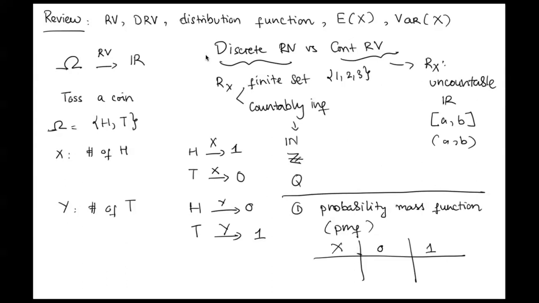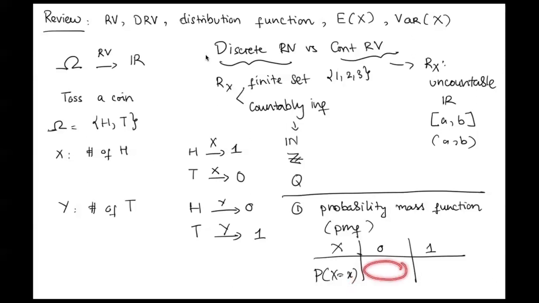And the probability mass function, you can define it like any other function, or you can draw a table like this. That is also fine. We will have to specify the probability that a random variable X takes on a specific value. The uppercase letter denotes a random variable, and the lowercase letter denotes a specific value that a random variable can take.